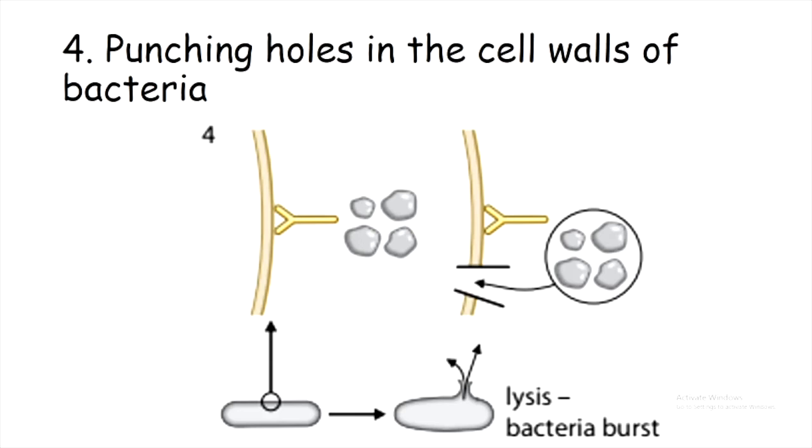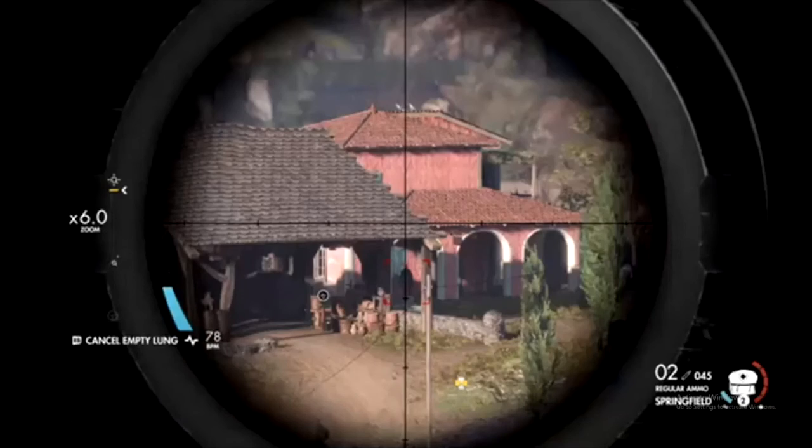Now, as this is essentially punching a hole into the cell wall, I don't really need to explain how this is similar to real life. It's essentially the same thing as an actual bullet and how bullets work, making holes into places where there shouldn't be holes.